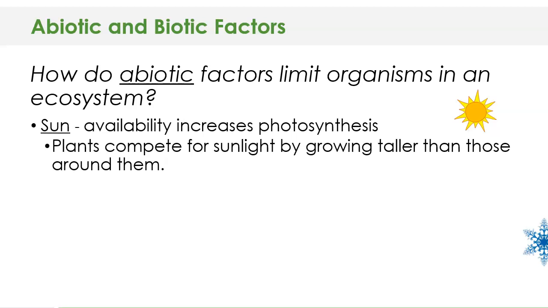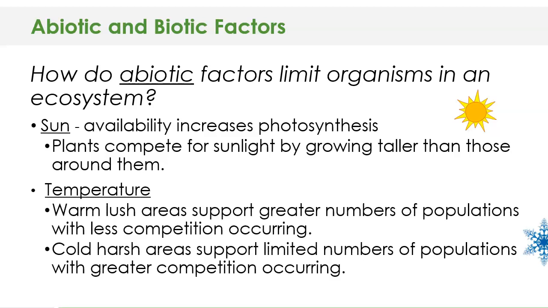The more availability there is of sun, that increases the amount of photosynthesis that can take place in populations of plants. And so you'll actually see plants compete for sunlight by trying to grow taller than those plants around them. You'll see this among trees in a heavily forested area.